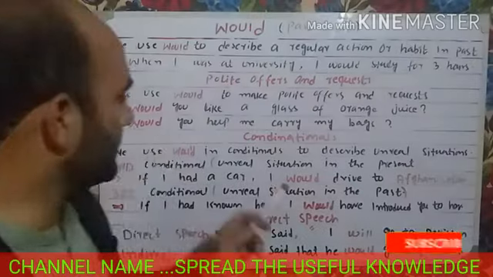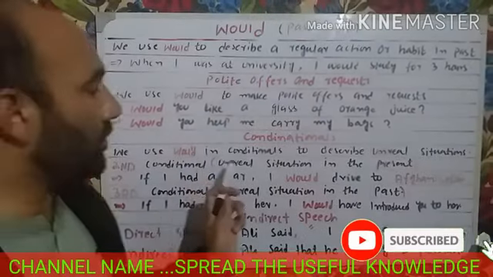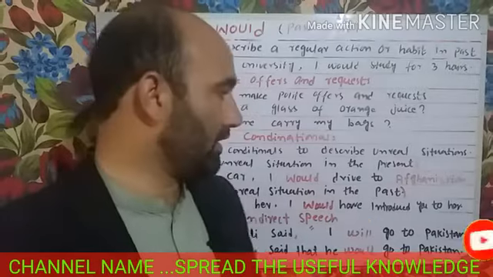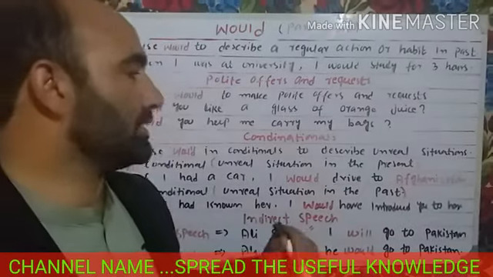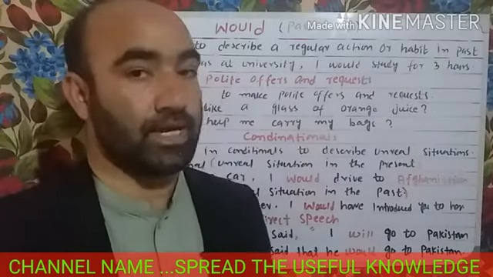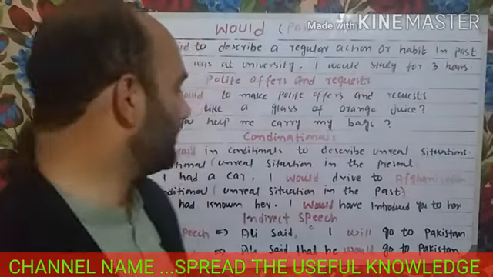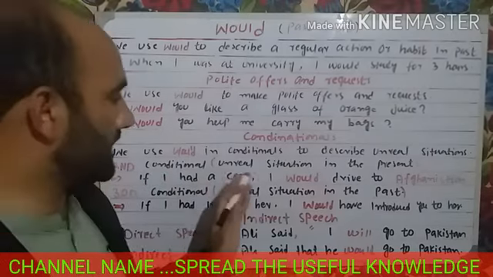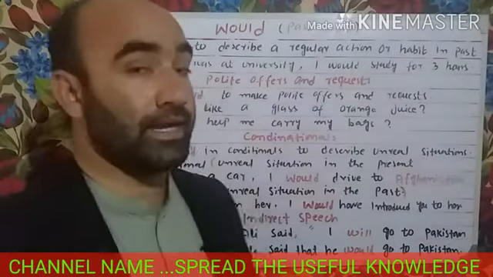We use would in conditionals to describe an unreal situation. This is not truth. These are just imaginations. Second conditional sentence: unreal situation in the present.